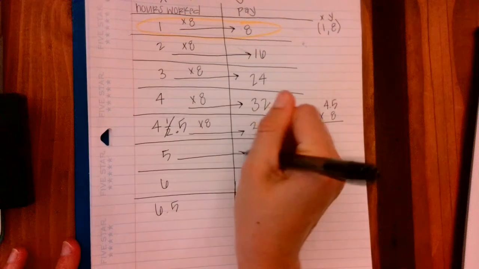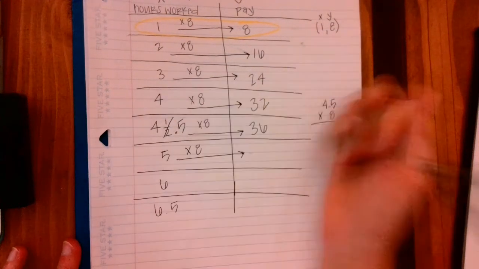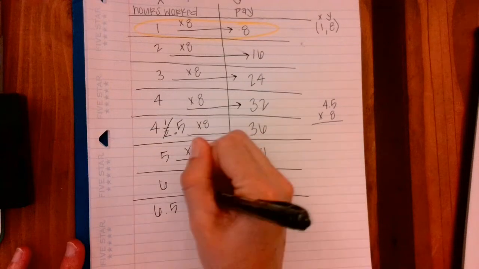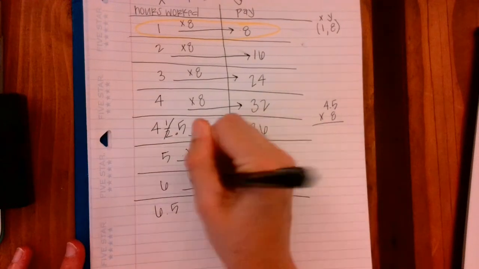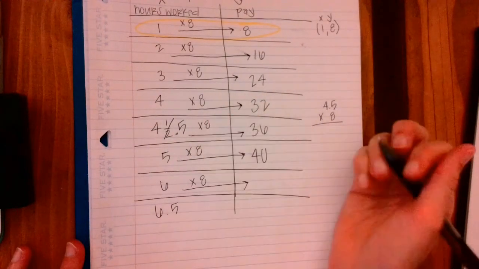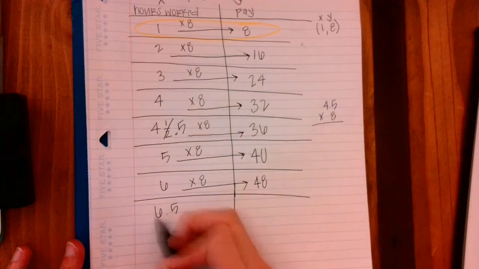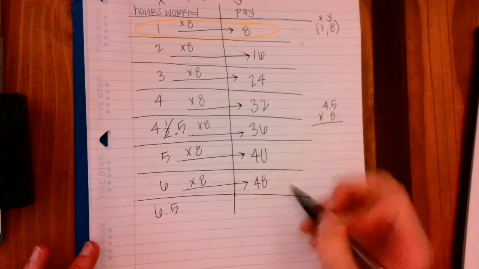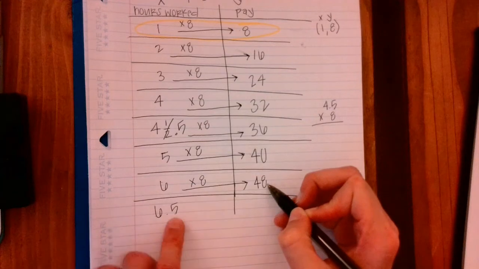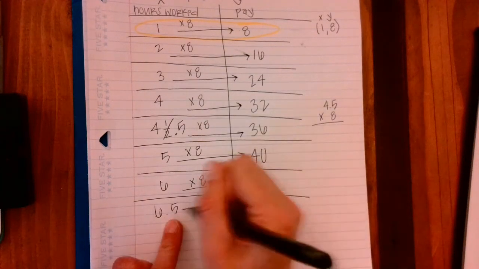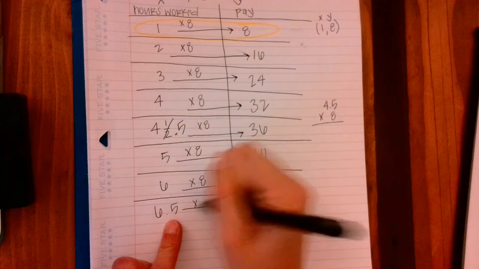So in 5 hours, I will get $40. In 6 hours, I will get 48. In 6.5, remember in 6 hours I get 48. In a half hour, or half of my constant, 8, I get 4.